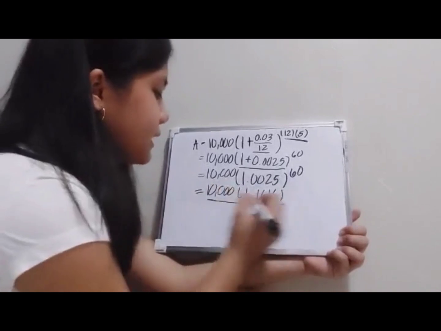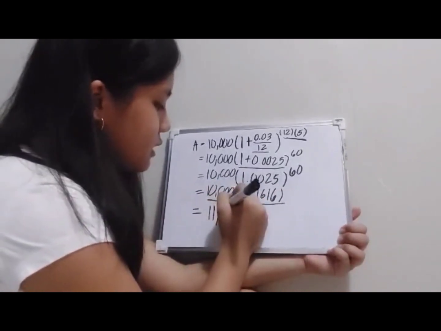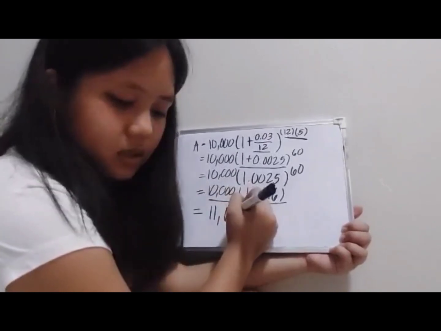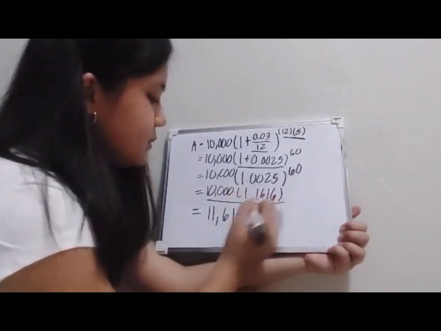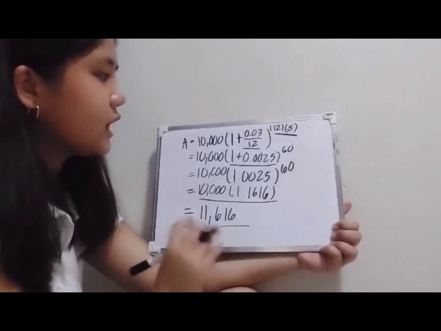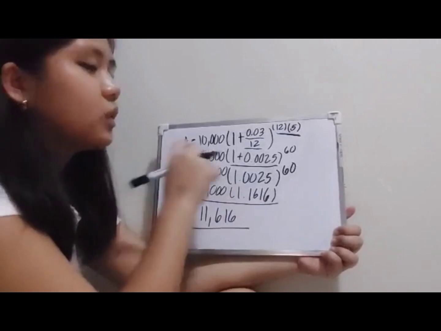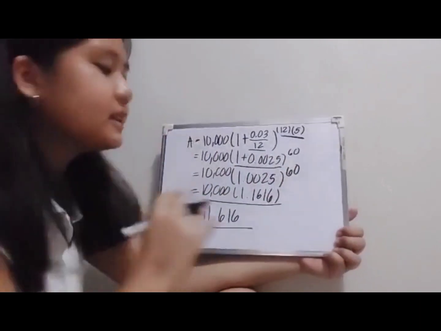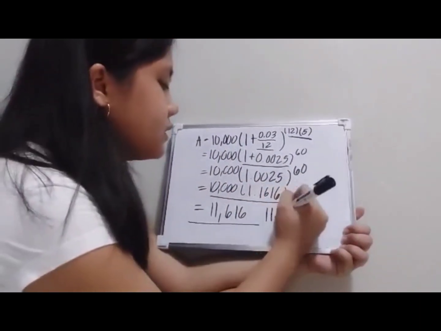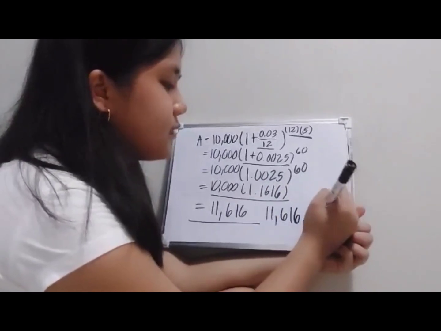Now multiply this and you will get 11,616. If you use your calculator in solving this and put it all at once, you will get 11,616.17.